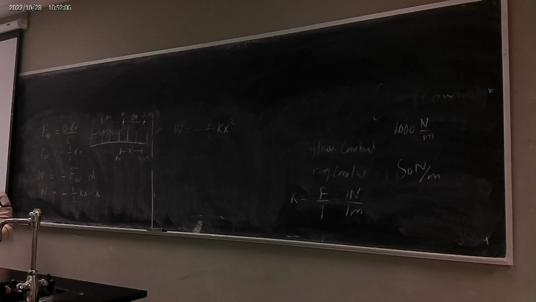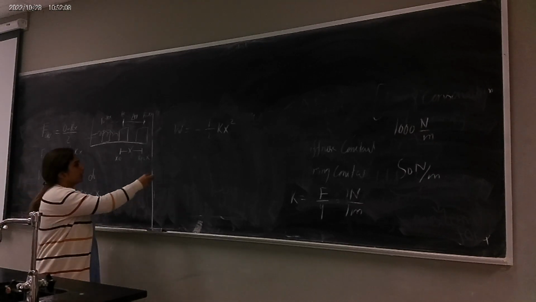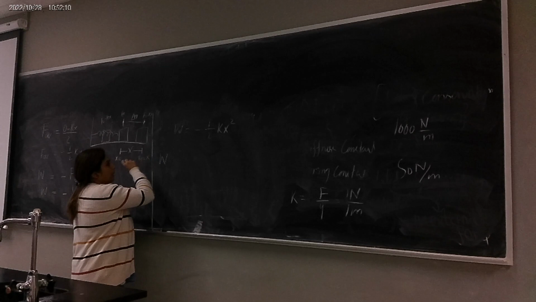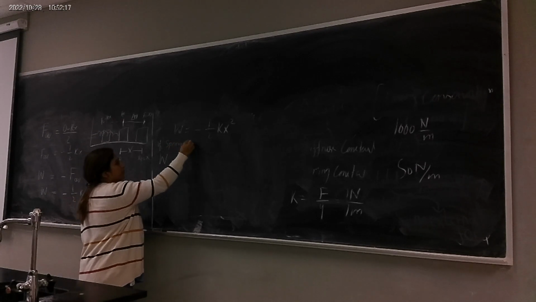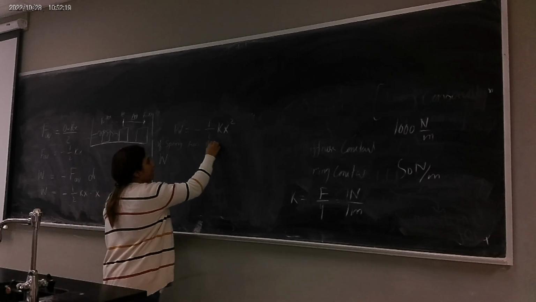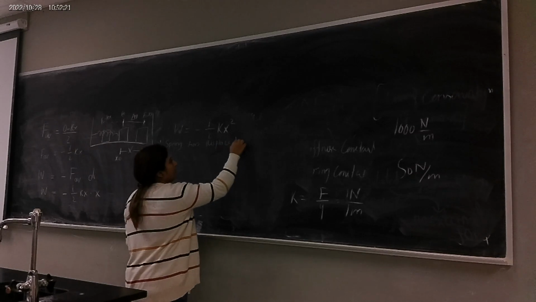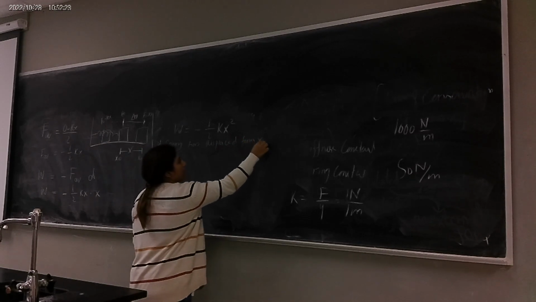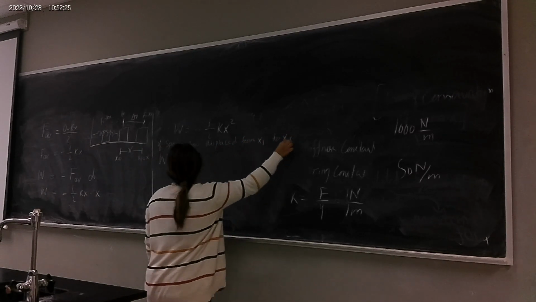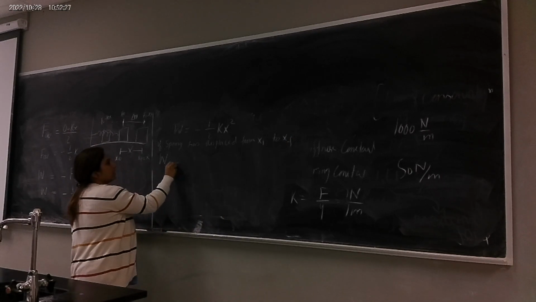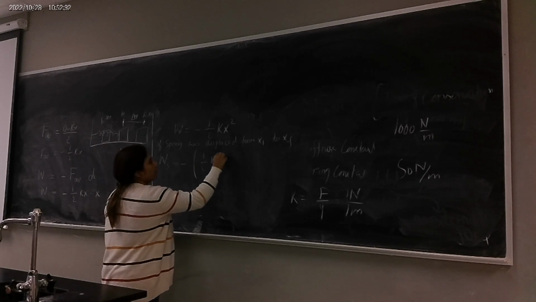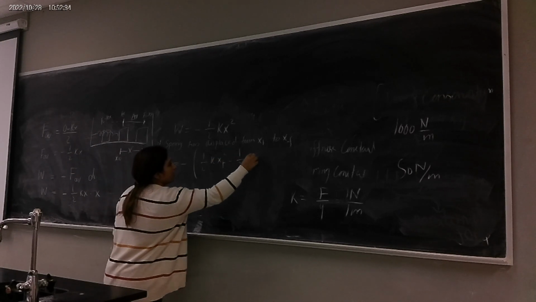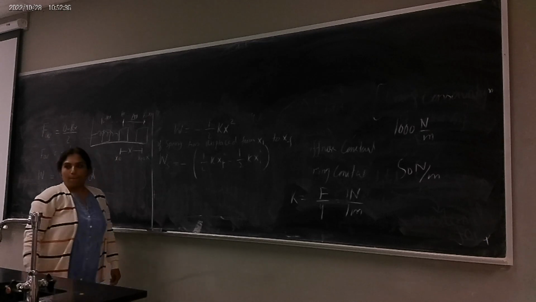If we are using two random positions, the spring displaced from xi to xf, the total work done by the force would be equal to negative half k xf square minus half k xi square.